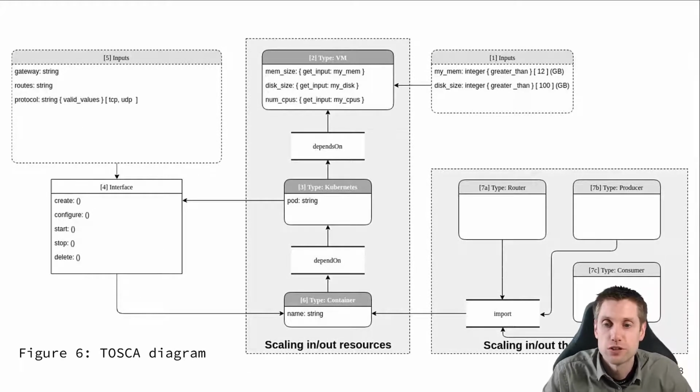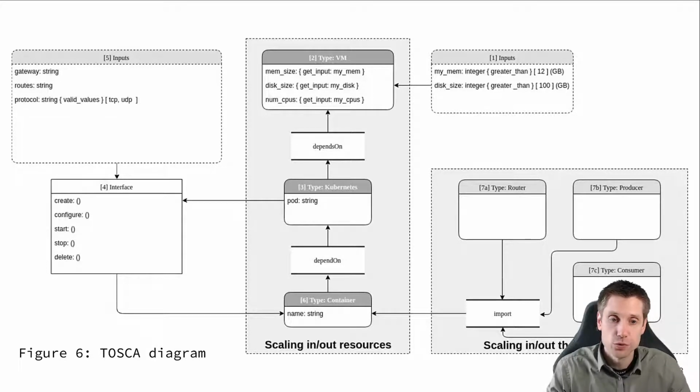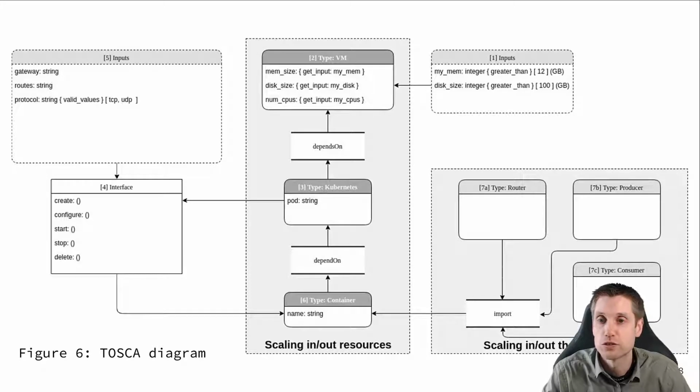This here is just an abstract Tosca diagram. We left out many details here, because we have the full details inside our report, but just for the sake of this presentation we left out some to make it easier to understand.